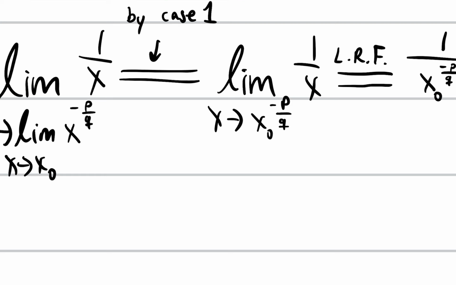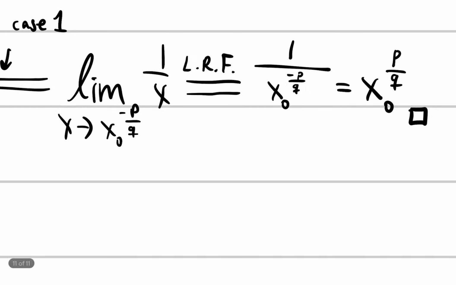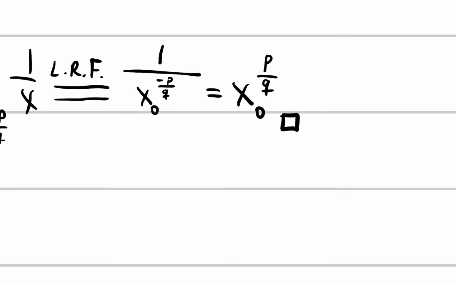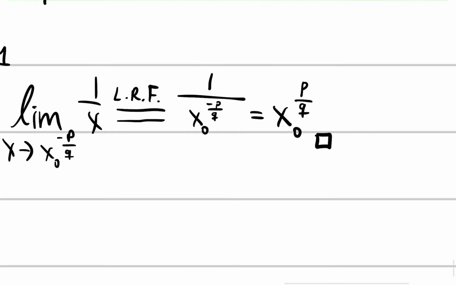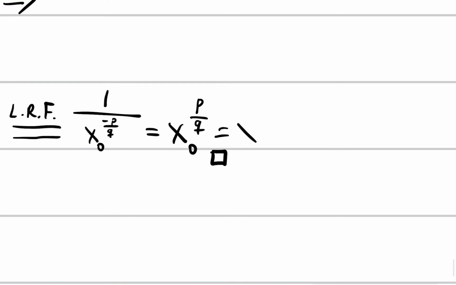It may look like negative p over q is negative, but it's actually a positive number. So by the limits of rational functions, we can just plug this in, and take the reciprocal to remove the negative, and we have x naught to the p over q, and we can also write here x naught to the m, same exact thing.